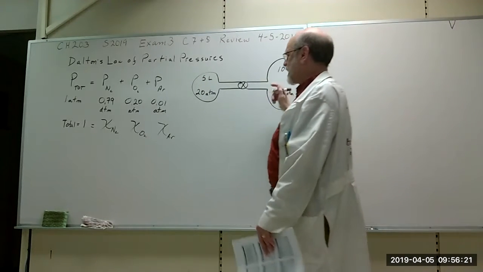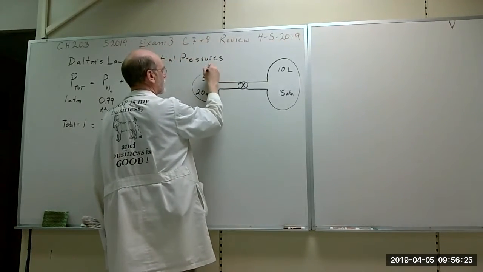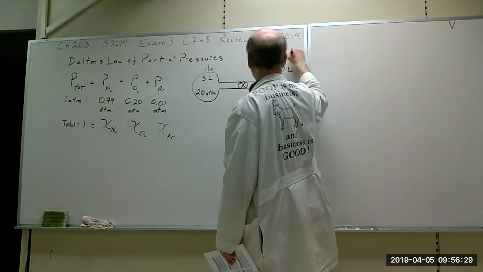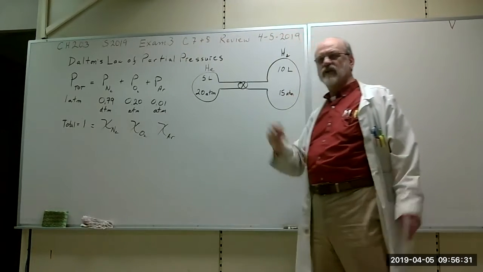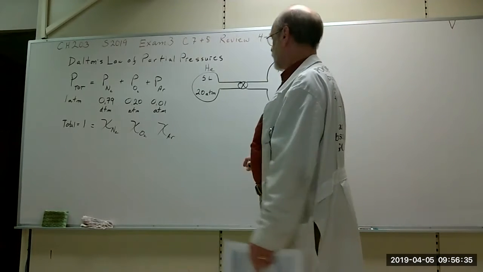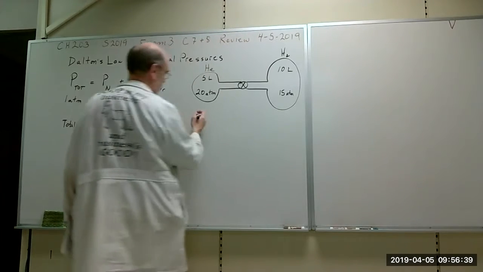Rather than making the same gases, let's make them different gases. Let's say this one's helium, and this one is hydrogen. About that. Then you can tell them apart. Right? So what's the pressure due to helium? Well, before and after.